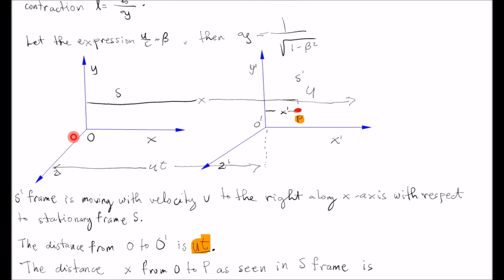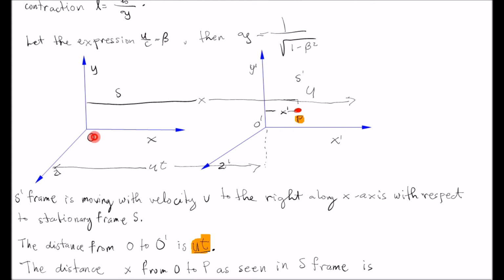And we will let the speed of the frame u over the speed of light c equal beta. Then gamma will be expressed as gamma equals 1 over square root of 1 minus beta squared. Again, beta is the ratio of the speed of the moving frame over the speed of light.